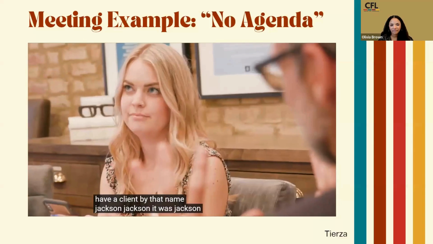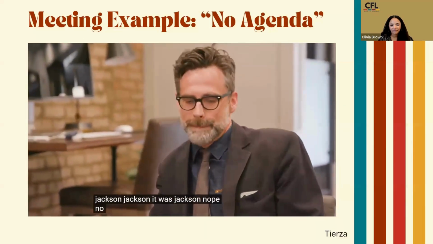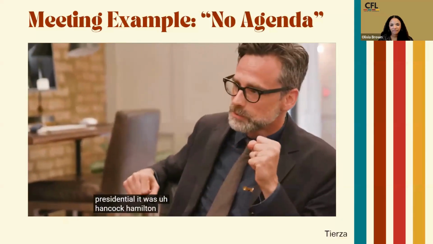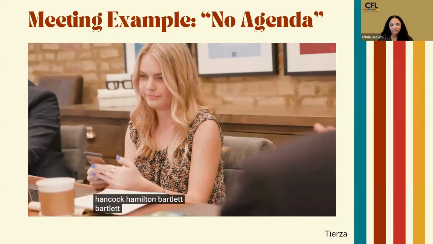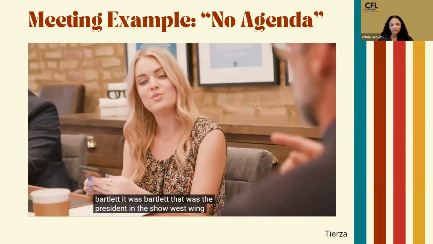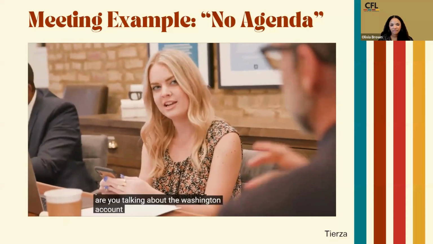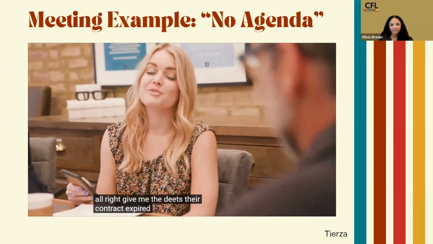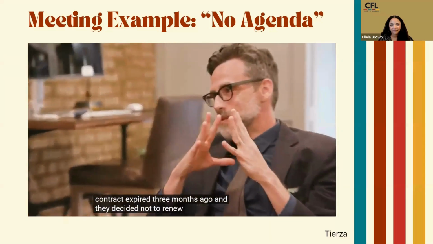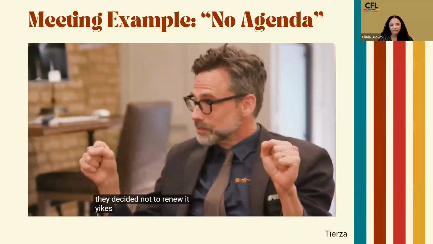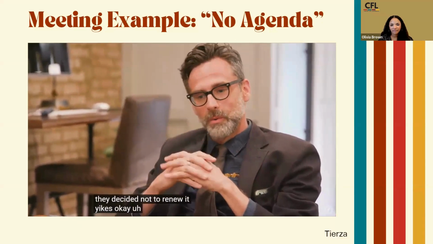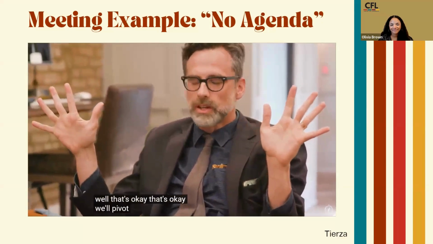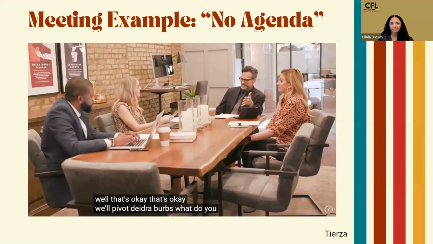It was Jackson. Nope. It was presidential. It was Hancock, Hamilton, Bartlett. It was Bartlett. That was the president in the show West Wing. Are you talking about the Washington account? Boom! Nailed it. All right, give me the deets. Their contract expired 3 months ago and they decided not to renew it. Yikes. Okay. Well, that's okay. We'll pivot. Deidre, Burbs, what do you got?